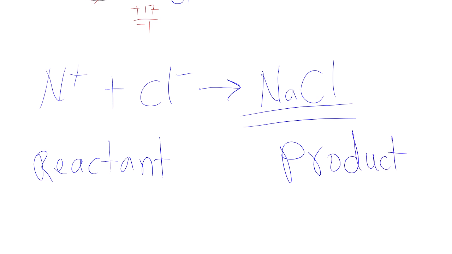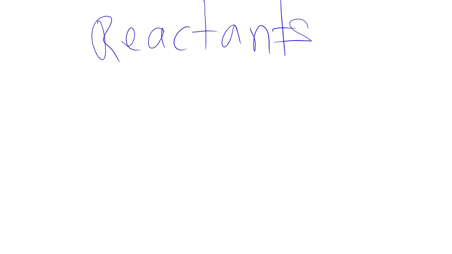Product is what is obtained at the end of the reaction. So this is a reactant, this is a reactant. These 2 are reactants, so we have 2 reactants. That's why I'm adding S. So you can say reactant or reacting species.